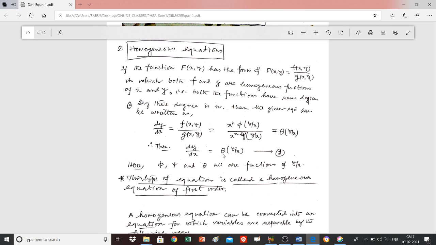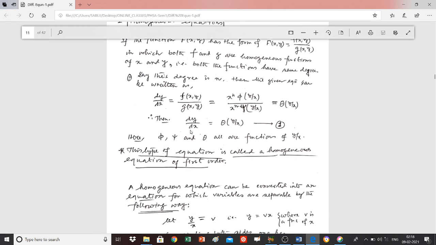So at a glance, you have to check first whether the equation is given in this form or not. If it is given in this form, that is dy by dx is equal to f(x,y) by g(x,y), then you can treat it as a homogeneous equation.